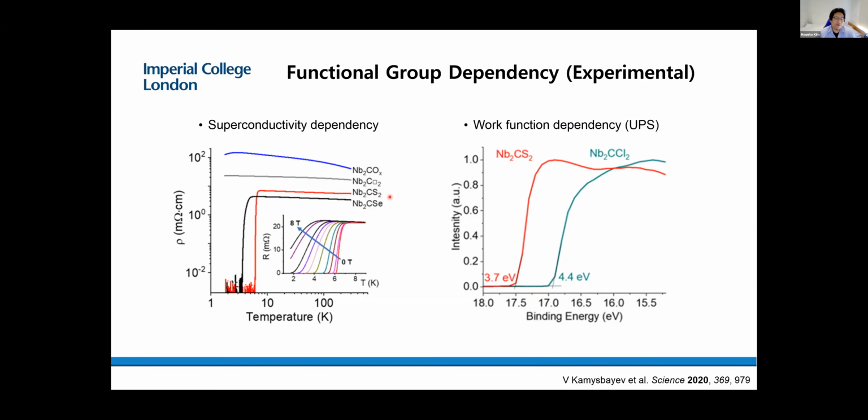For example, sulfur or selenium terminated niobium carbide MXene could show superconductivity, while there is no superconductivity for non-terminated or oxygen-terminated MXenes. At the same time, these two MXenes show different work functions, where the tunability is 0.7 electron volt, and both of them are electrically conductive.